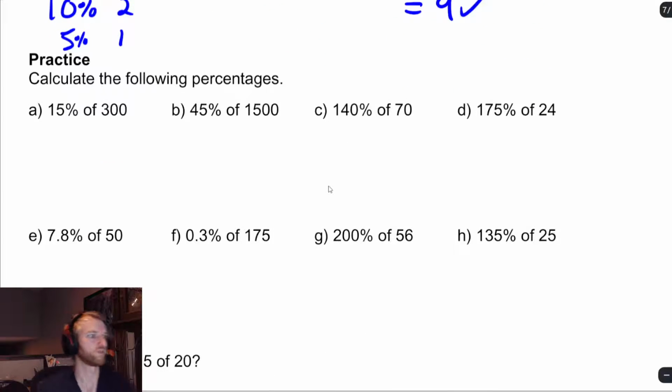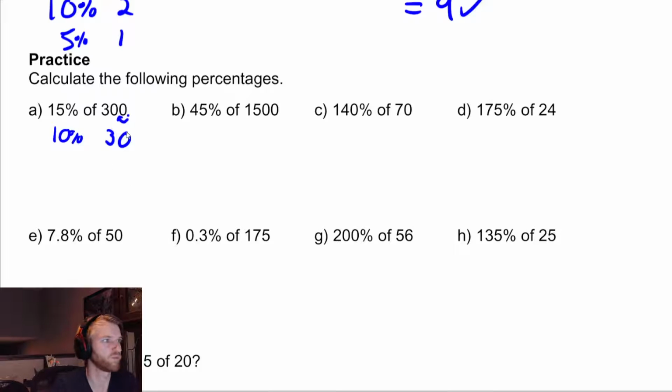Let's try that with this one. What's 15% of 300? Well, let's say, what's 10% of 300? 10% is always basically taking that 0 away, taking that bottom number away, moving your decimal point 1 over, to be 30. 30 is 10% of 300, because 10 of those gives you 300.